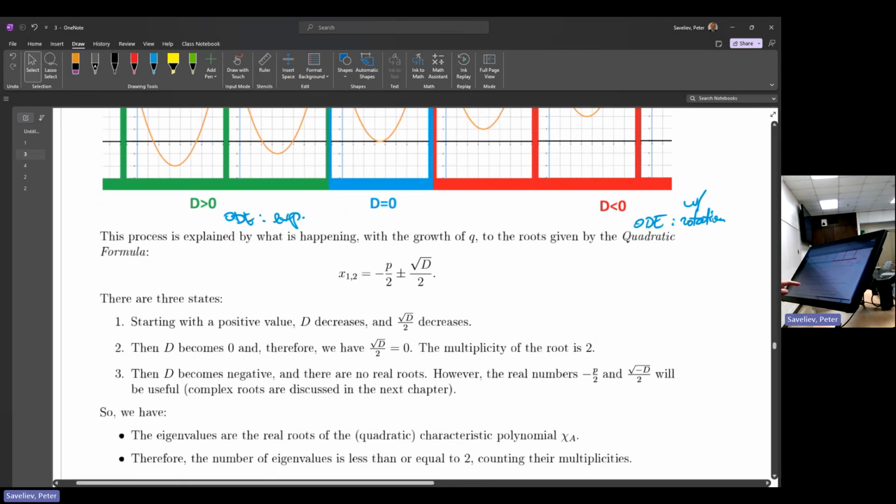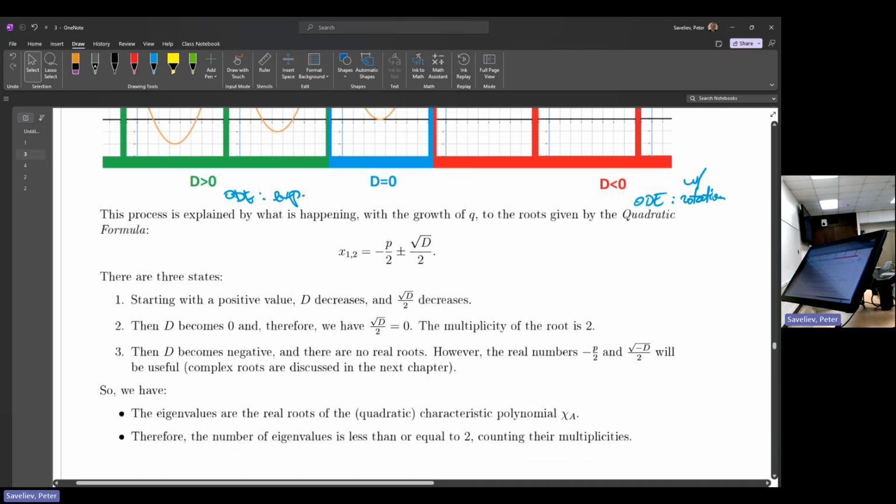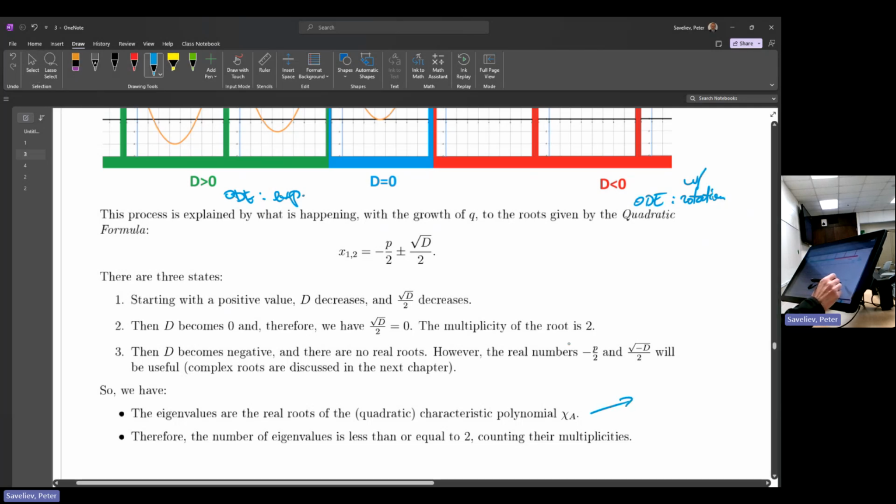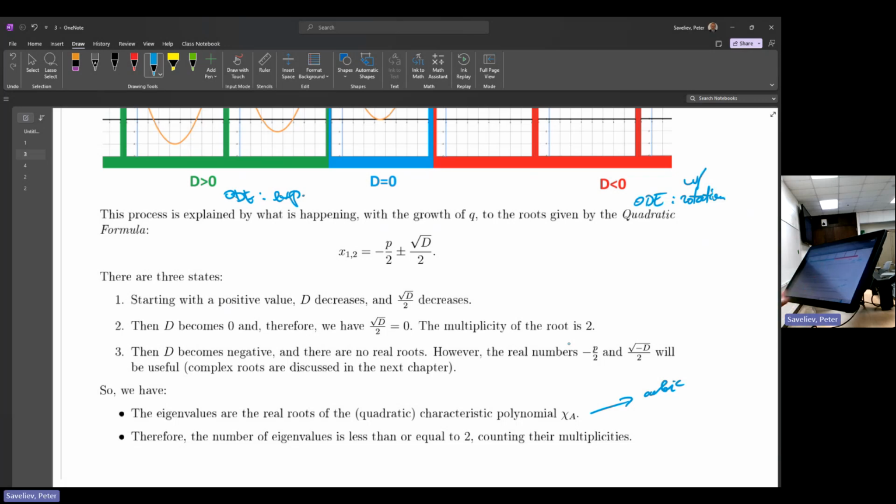Okay, so the eigenvalues are the roots of the quadratic characteristic polynomial. The bad news is in high dimensions, if you have 3 variables, you have a cubic polynomial, and unfortunately you have to solve it. And then with more variables, the degree of the polynomial goes up, and you run out of formulas.